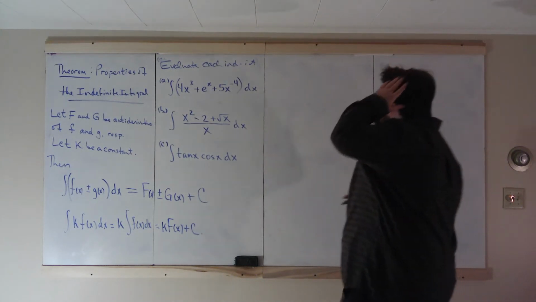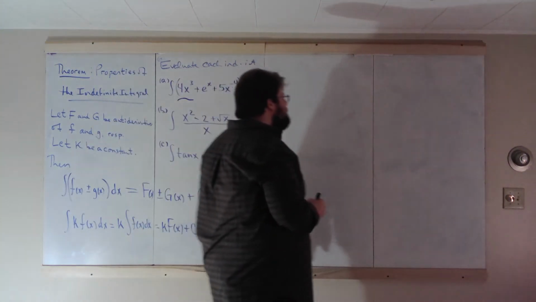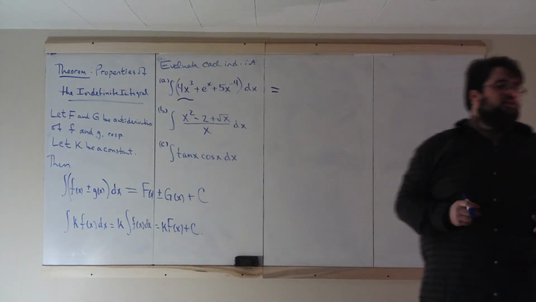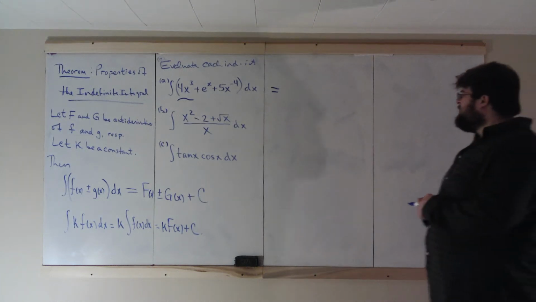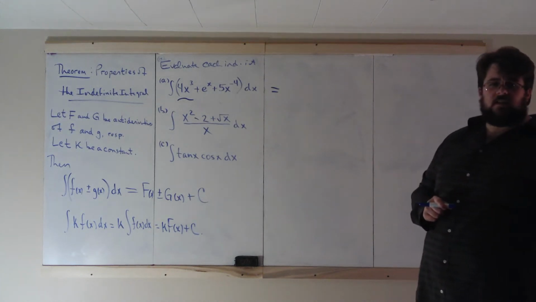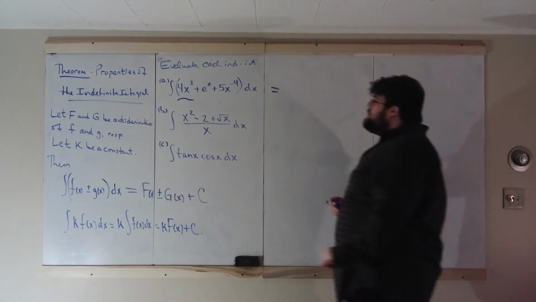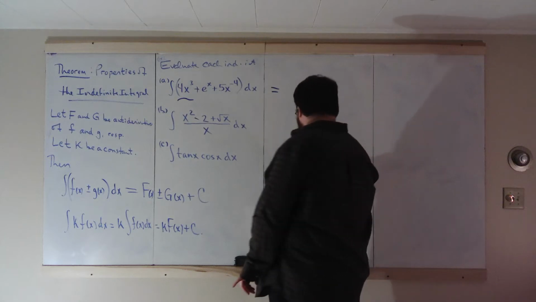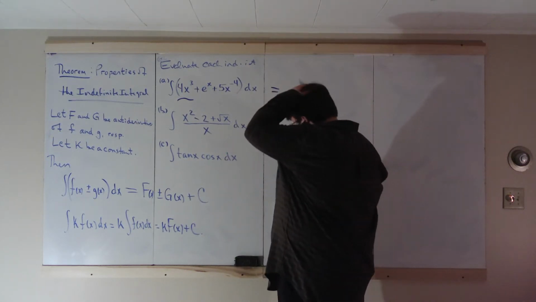So let's first look at this 4x cubed. What can we take the derivative of to get 4x cubed? Well, the answer is x to the fourth. But which rule applies to that? Rule 2 applies to that. What's it called?